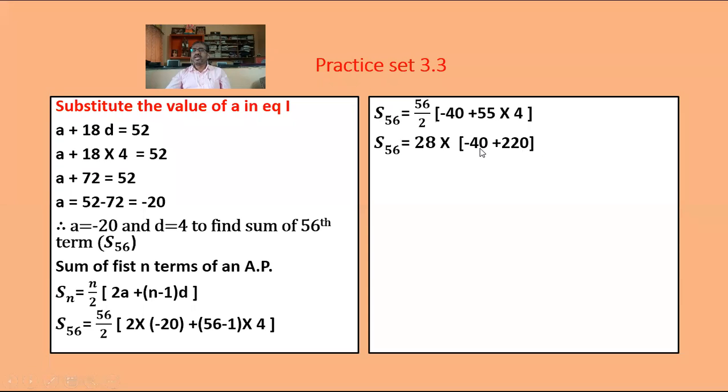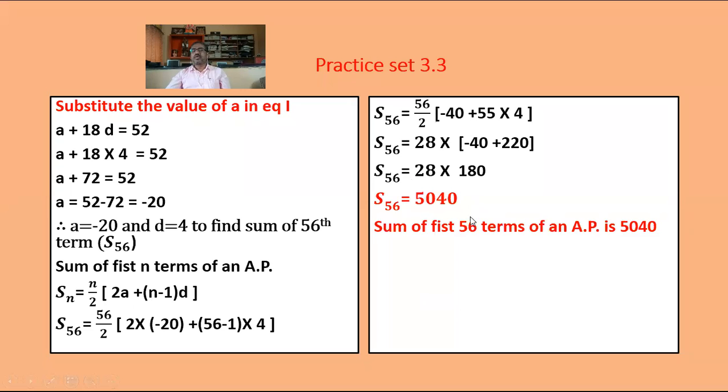Both numbers have opposite signs, therefore we subtract. 220 minus 40 is equal to 180. Then S56 is equal to 28 multiply 180, which is 5040. Therefore, the sum of the first 56 terms of the arithmetic progression is 5040.